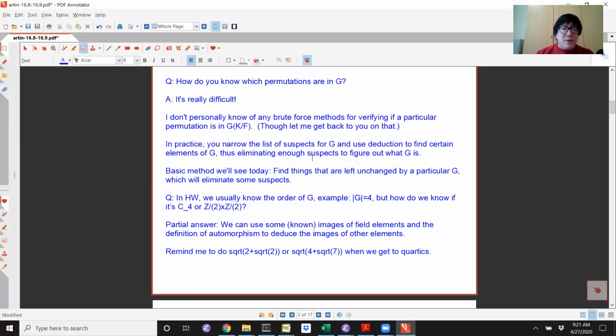I'm going to guess there's maybe a brute force method, but I can look it up. You can just beat it to death, that's always a good option with a problem. But in practice, you won't want to do that in a homework problem. Instead, you want to do something a little more subtle and eliminate certain cases by finding invariants.